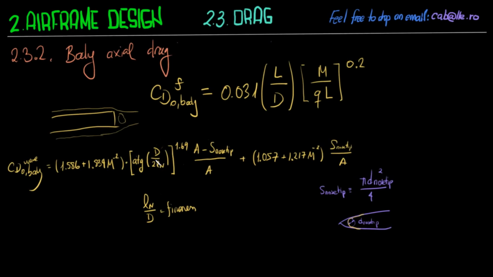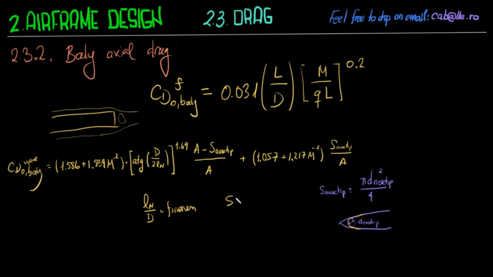So, typical fineness ratios, high fineness is something like 5. But again, it's always a trade-off. You're going to have lower drag with a higher fineness, but you're going to have more mass, longer rocket. So, up to 5, something typical.